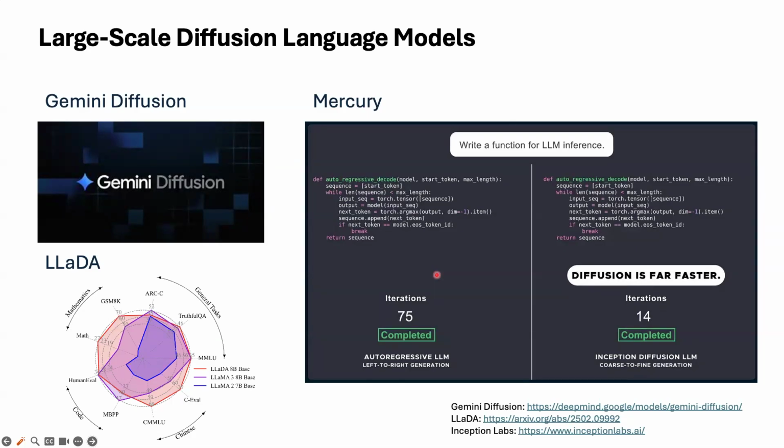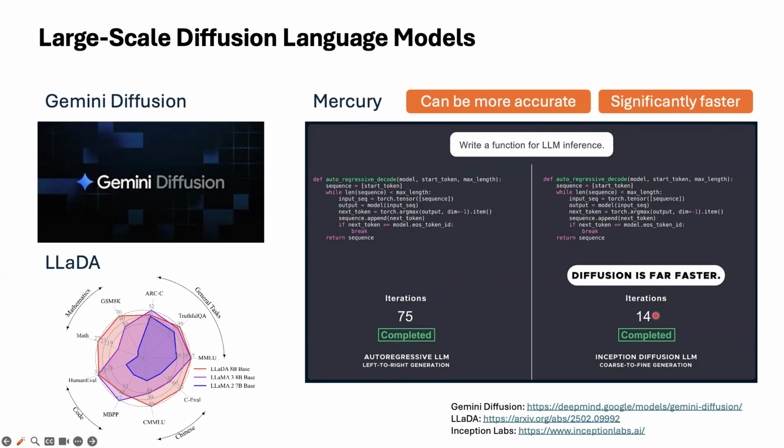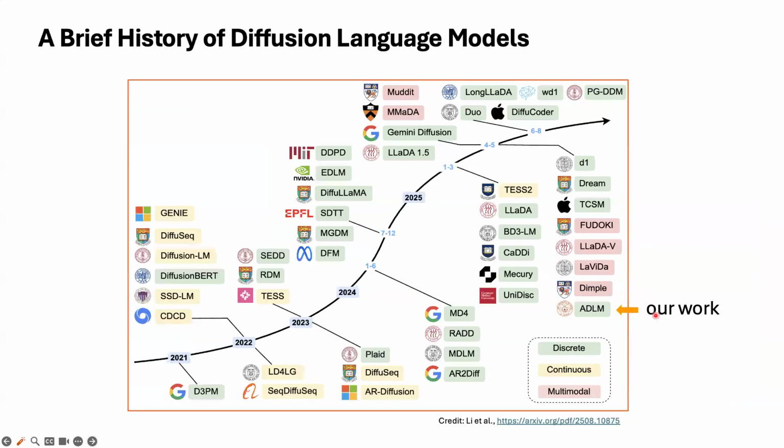For example, going down from 75 iterations for an autoregressive model to just 14 iterations in a diffusion model. And diffusion models, I'll talk about it a little bit more carefully in a few minutes, allow parallel decoding, and so it can manage long-range connections much better than autoregressive models, and therefore can potentially be more accurate. And so these are some examples. Lara is another big open model people have used in the research and the industry.